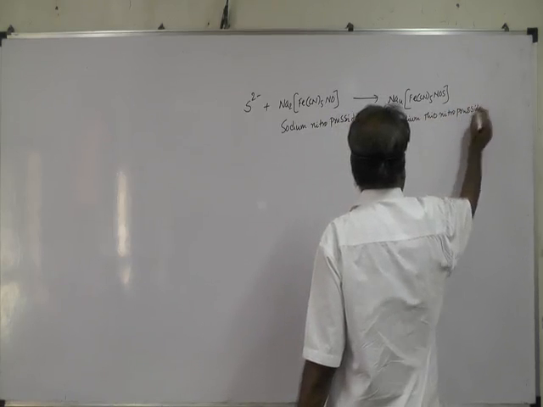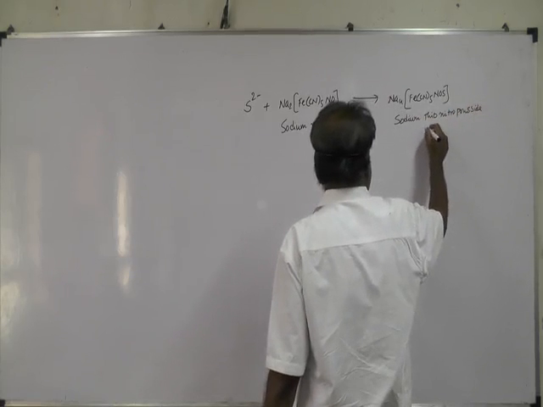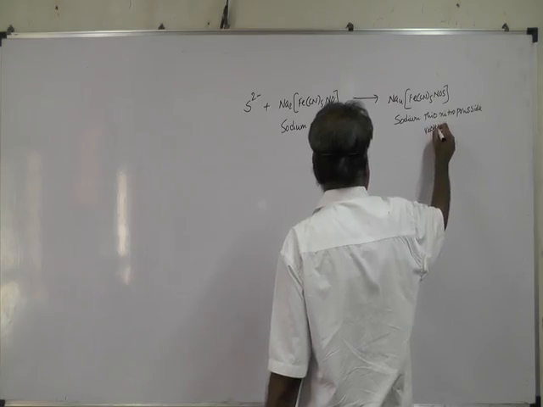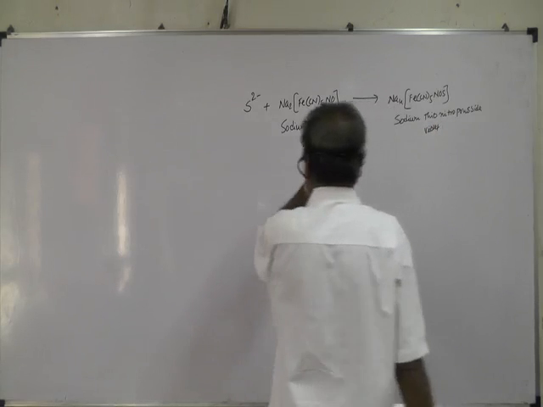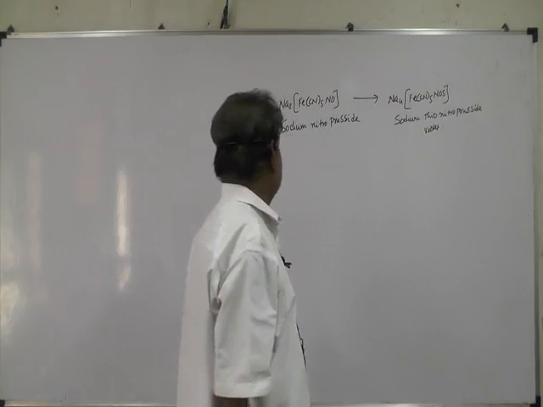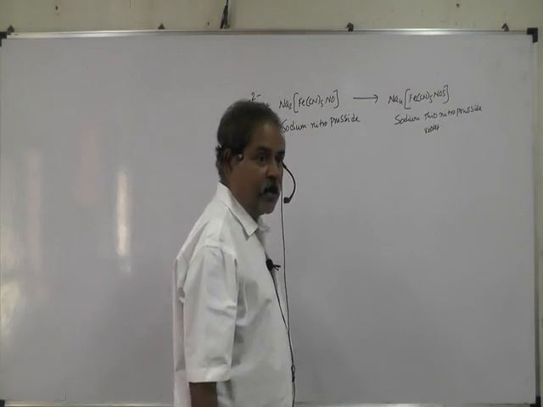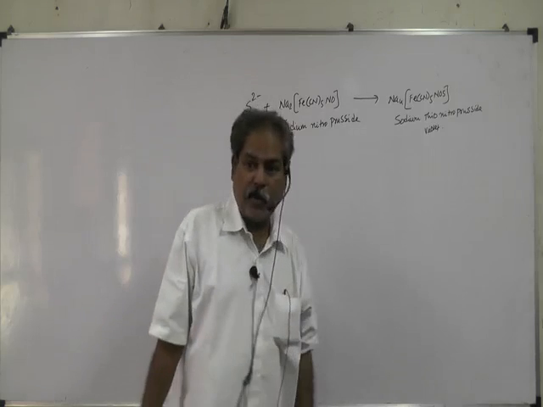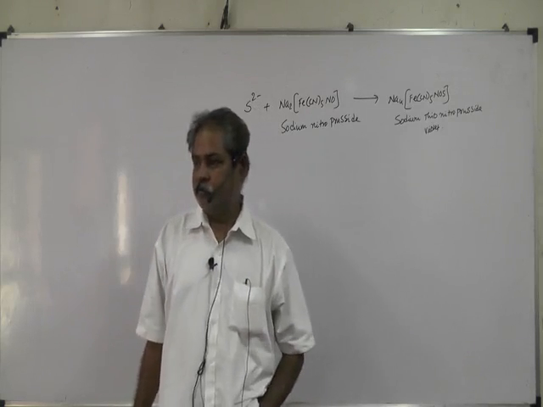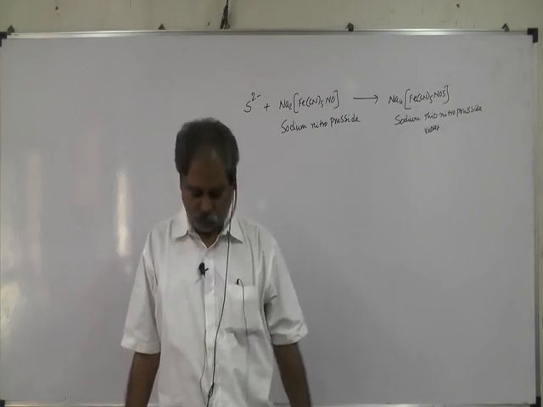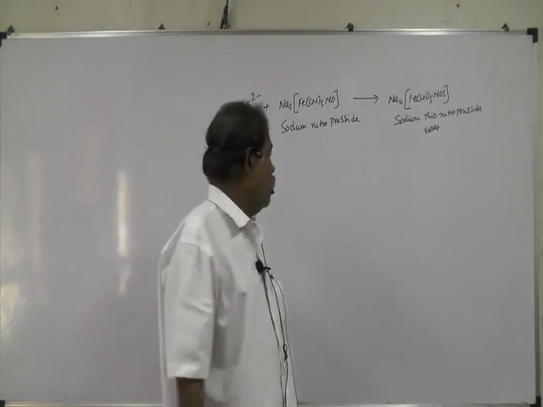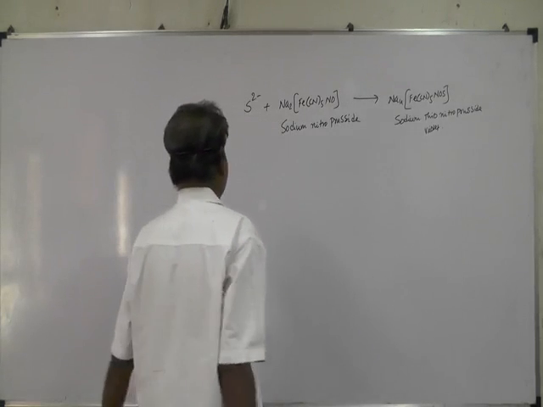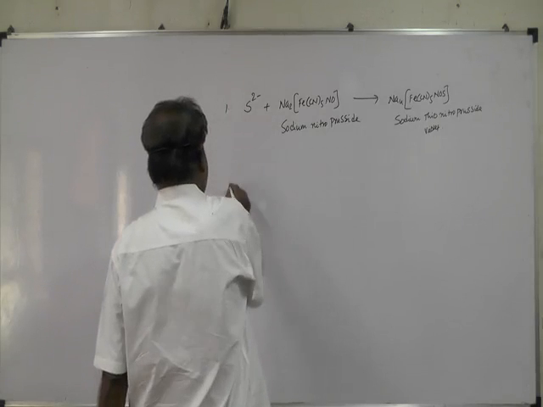Thionitroprusside, which is a violet color complex. So there are many violet colored complexes, but sodium nitroprusside gives violet with sulfide only. Confirmatory test.